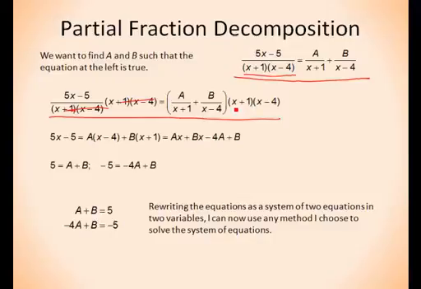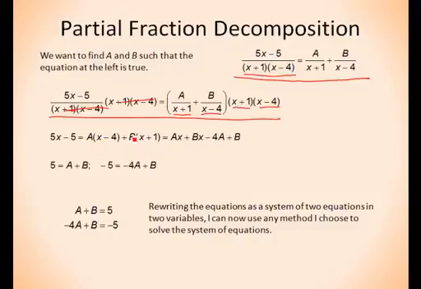Over here, when I distribute this to the first term, the x plus 1 will cancel with the x plus 1, and I'm just going to get a times x minus 4. When I distribute this to the second term, the x minus 4 will cancel with the x minus 4, and I'm just going to get b times x plus 1.